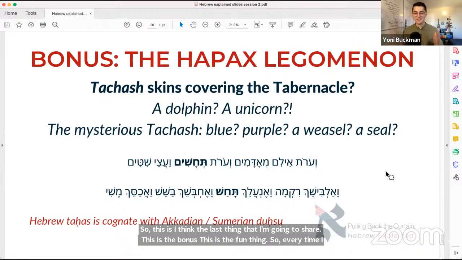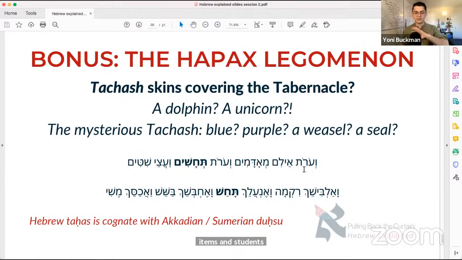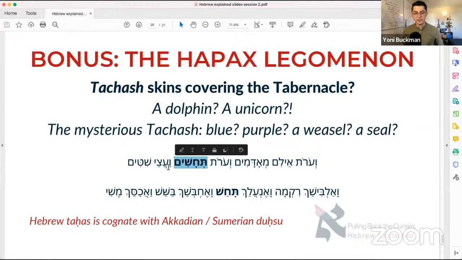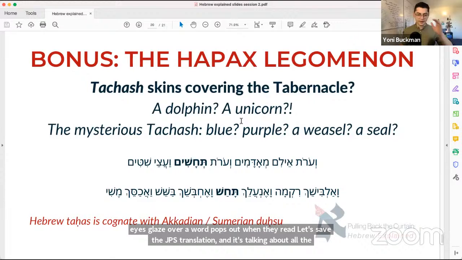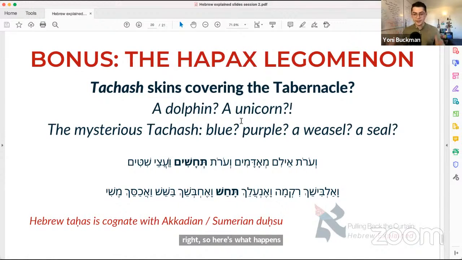So here's what happens, right? You have this line, talking about the different coverings of the tabernacle, different colored tapestries from different materials. And it says, Ve'orot techashim ve'atzei shittim, right? The problem is with this word techashim, okay, fancy word that I always think reminds me of like a dramatic sting: hapax legomenon, right?